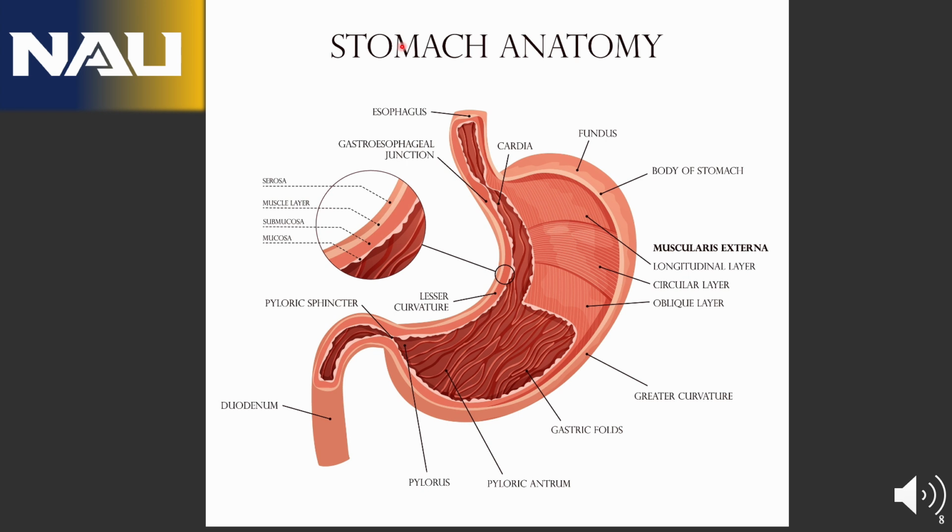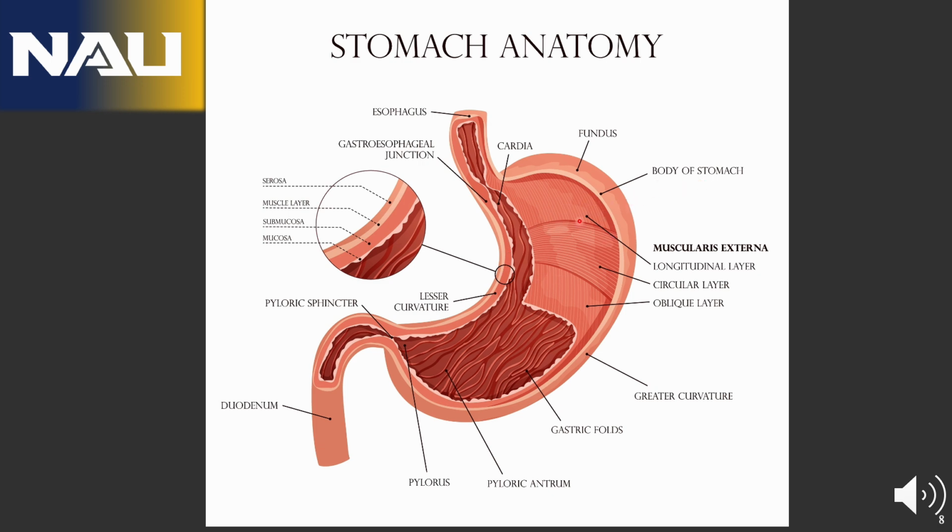Food enters the stomach at the gastroesophageal junction, up here, and moves through the cardia, right here, then to the fundus, over here, and into the main part, the body of the stomach.